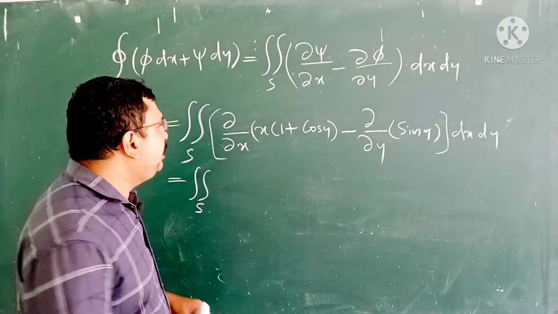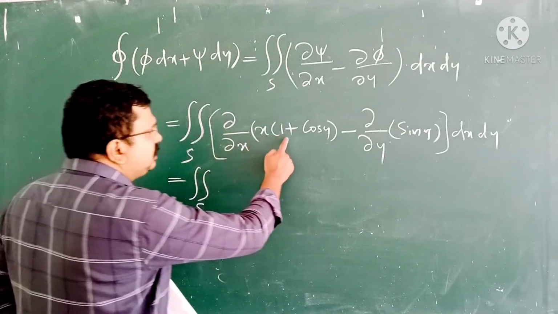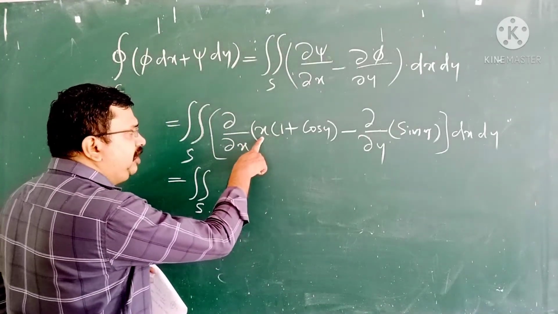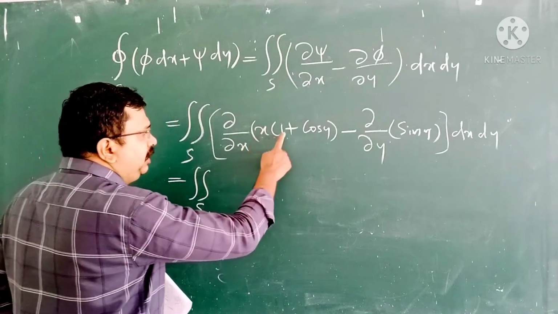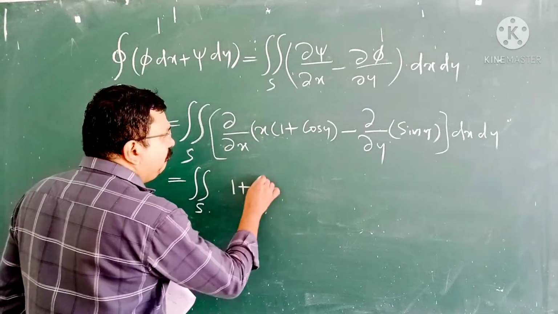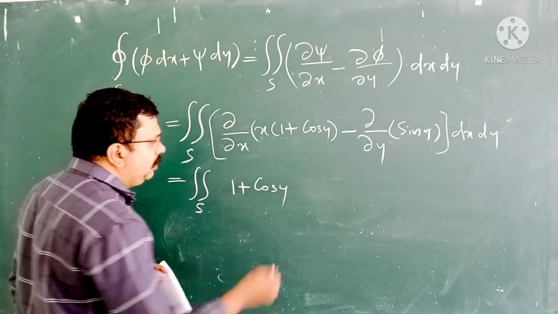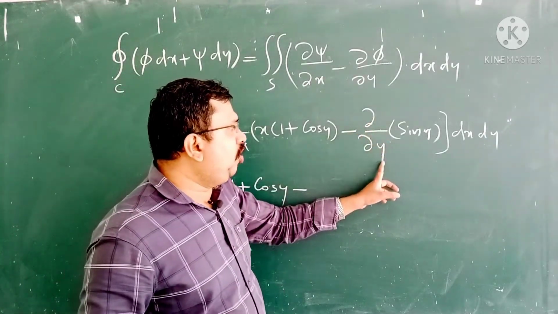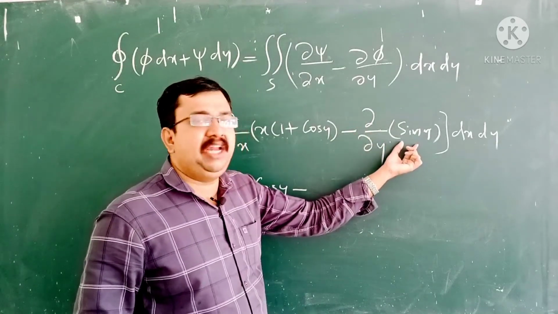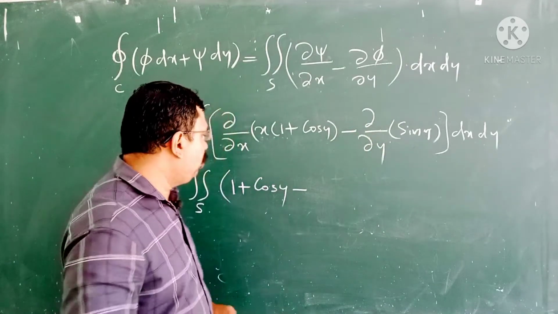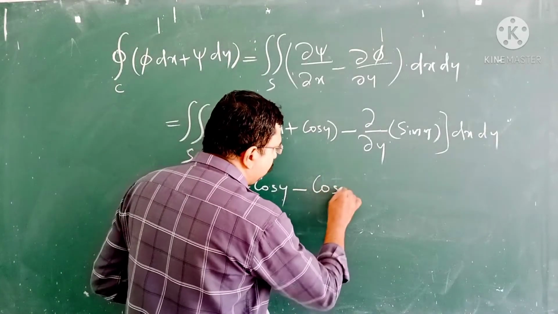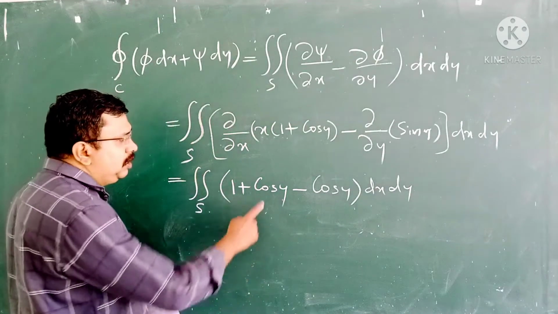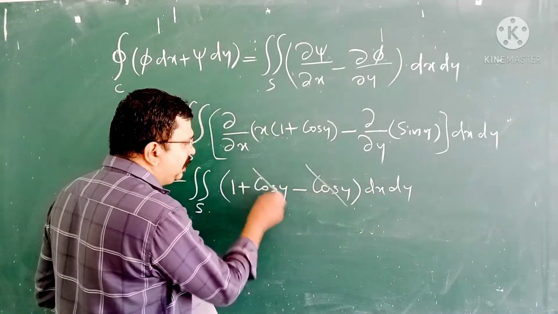Therefore d by dx of x into (1 plus cos y) will become 1 into (1 plus cos y), since the derivative of x is 1, minus dou by dou y of sin y. The derivative of sin y is cos y, dx dy. Now listen, cos y minus cos y will become 0.